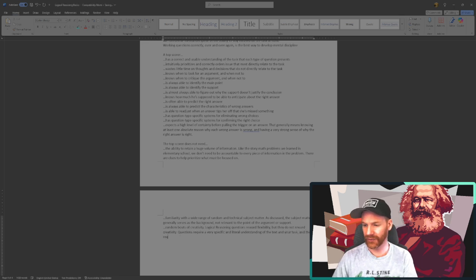And they reward organized and disciplined thinking, not flashes of brilliance or novel ideas.